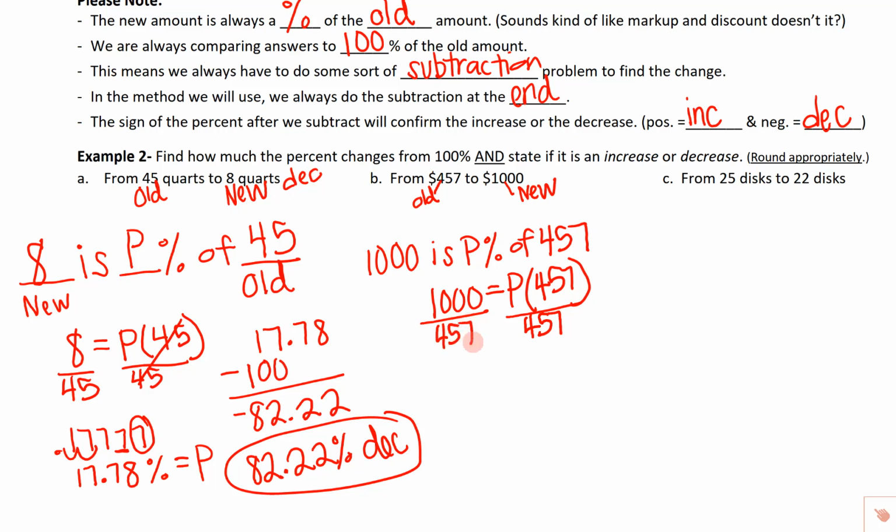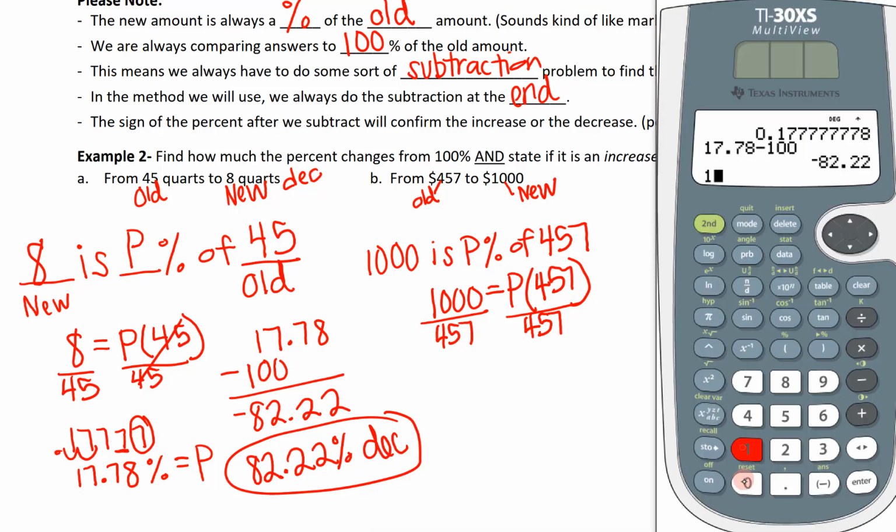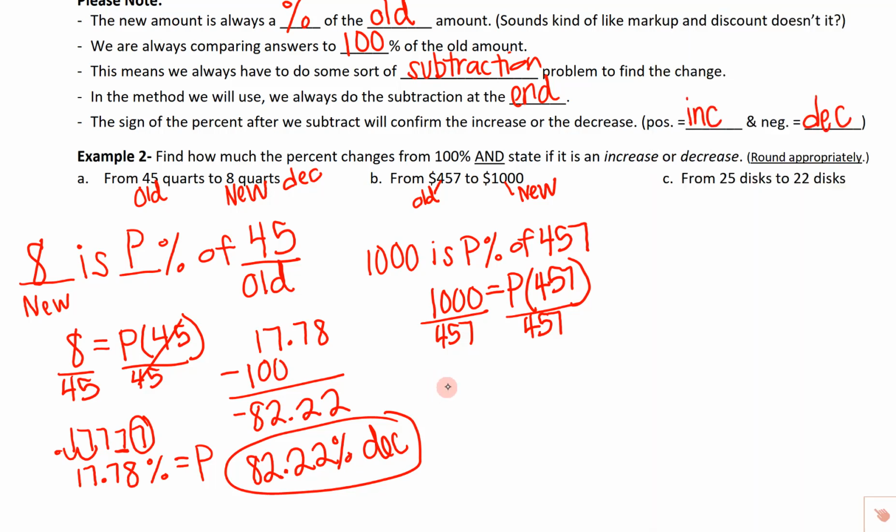And I'm going to put it in my calculator. 1,000, it means 1,000 divided by 457. Make sure you put that 1,000 in first. And I get 2.18818.